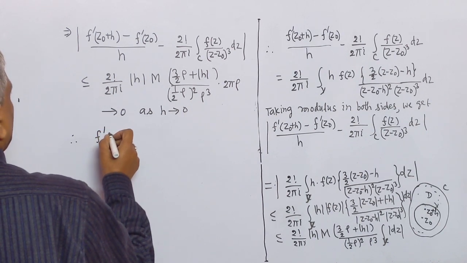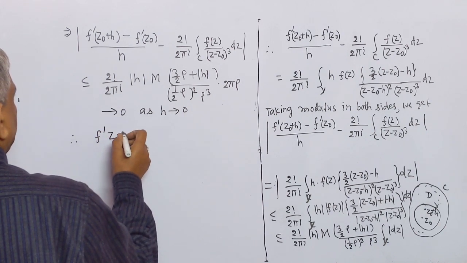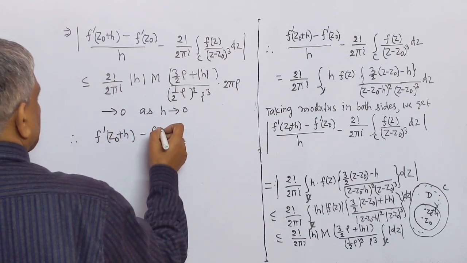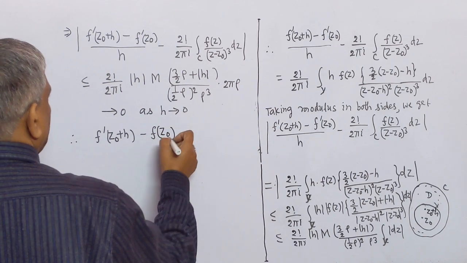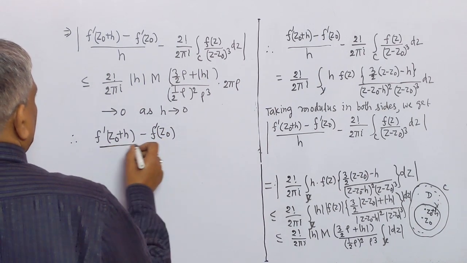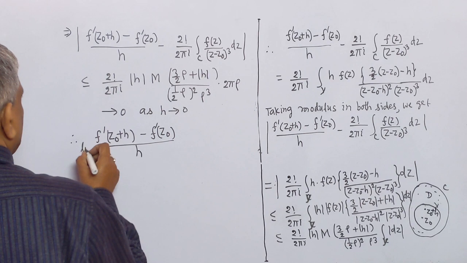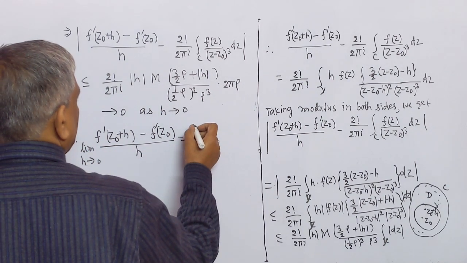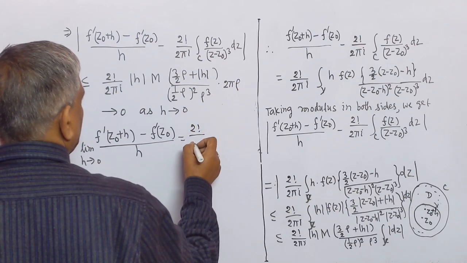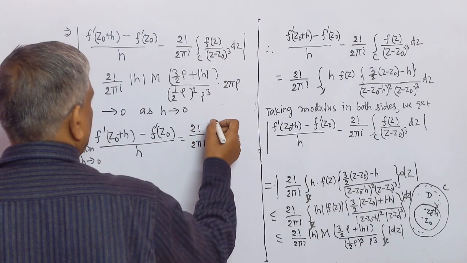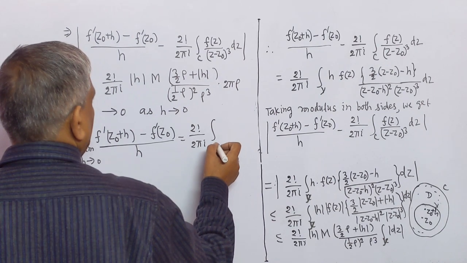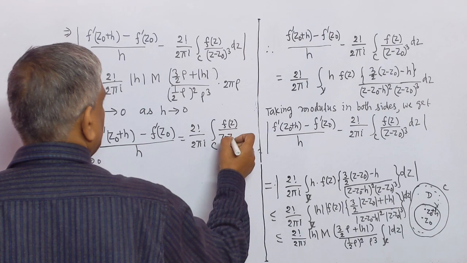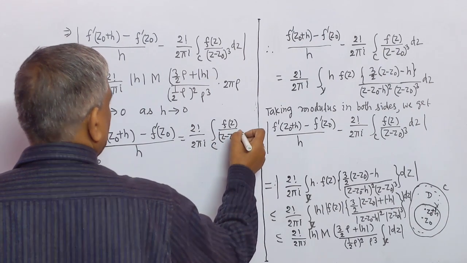Therefore, the limit as h tends to 0 of the derivative of f(z) at the point z0 plus h minus the derivative of f(z) at the point z0, divided by h, equals factorial 2 by 2 pi i times the integral along the curve C of f(z) by (z minus z0) whole cube dz.